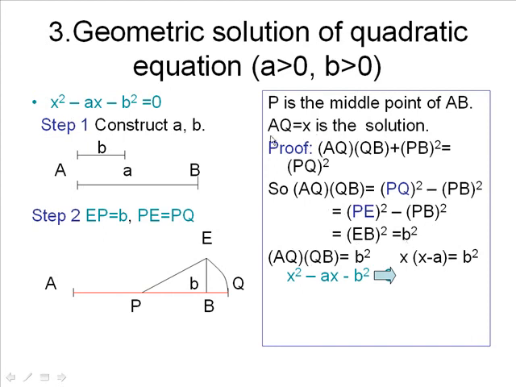Let AQ be x, because from A to Q is x, and then this little part BQ will be x minus a, because from A to B is a. So AQ is x, and BQ is x minus a, and the product is b squared.